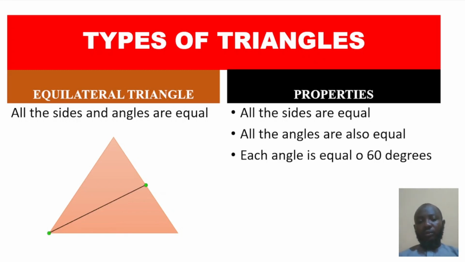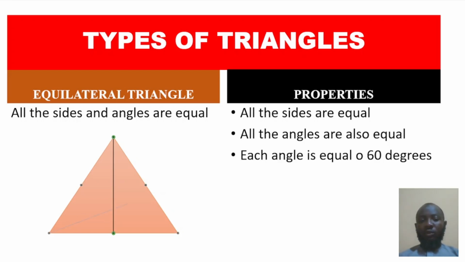Because this triangle and this triangle are the same, we can as well cut it another way. It can go this way as well. So this is another one. Meaning that it has how many lines of symmetry? It has 3 lines of symmetry.